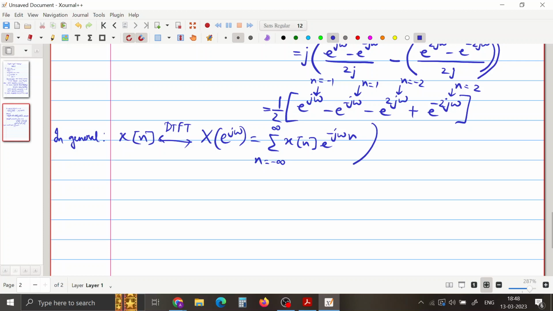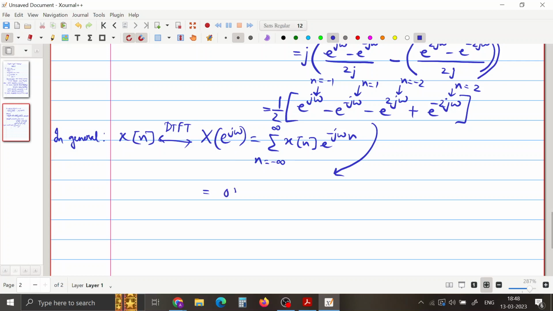And this coefficient here will basically be the value of the sequence at that time index.